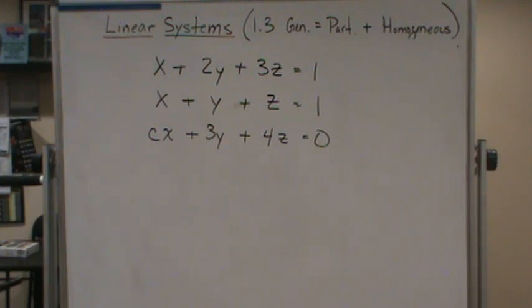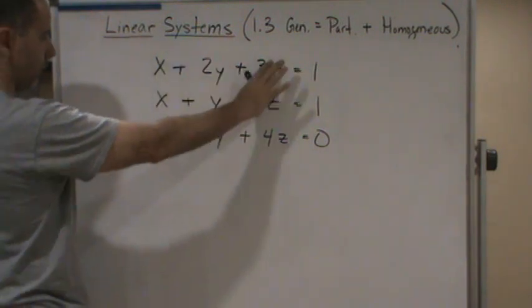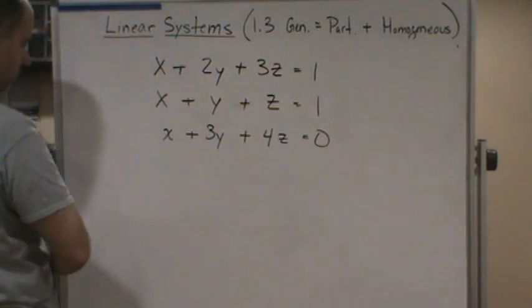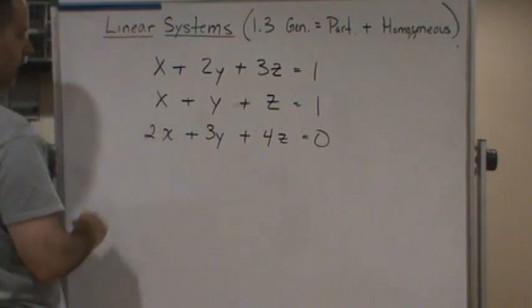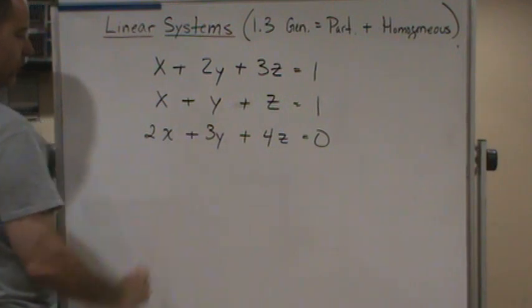You can see this is the case because if c is 2 and you add up the two equations on the left side, you get the third row.